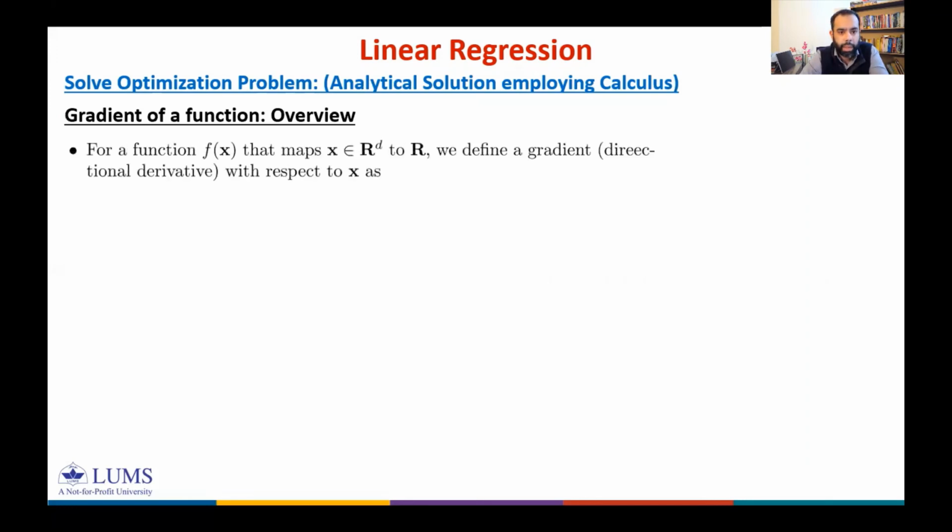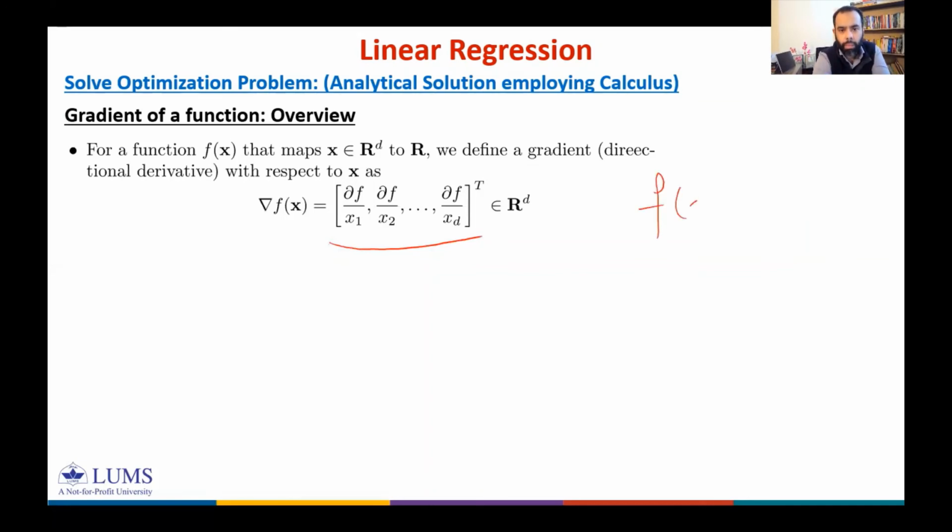For a function f of x that maps R^d to R, we define a gradient, which is in fact a directional derivative, as this. It's nothing but just a vector of partial derivatives. So f is a function of x1, x2, and so on, xd, where x is in R^d.